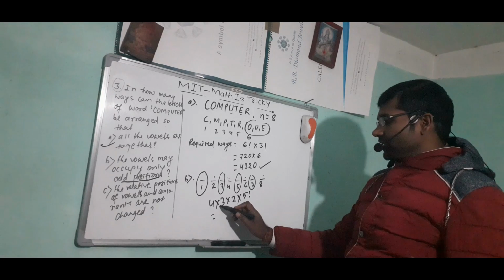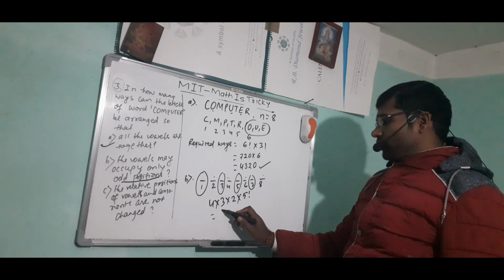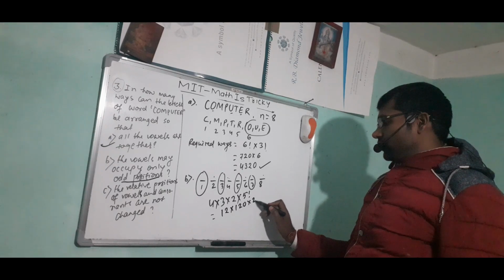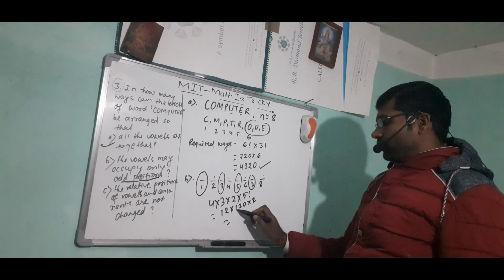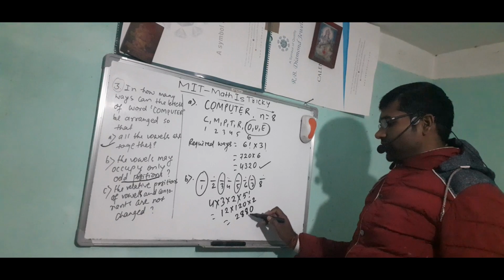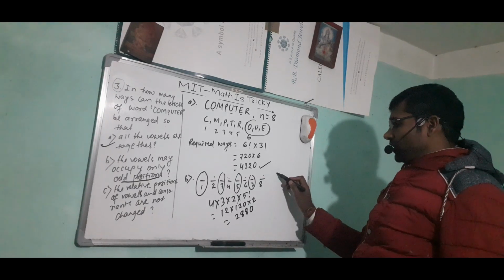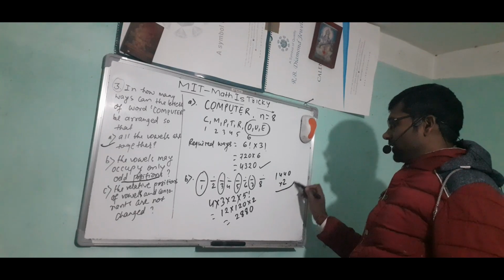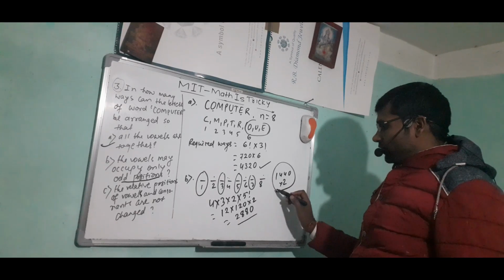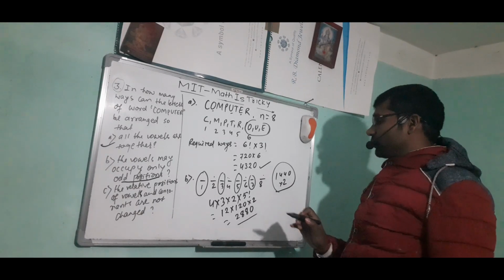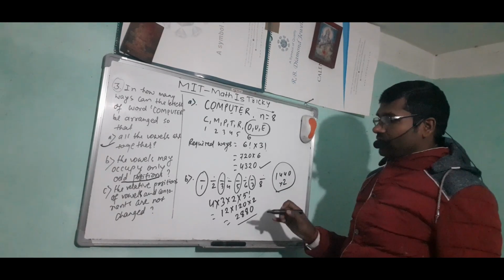So it is simply 24 into 120, which is 2880. So simply multiply, and we'll get 2880 ways.